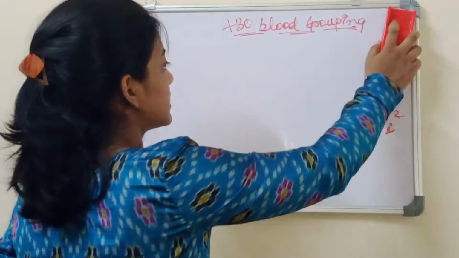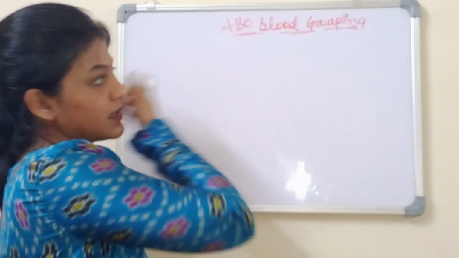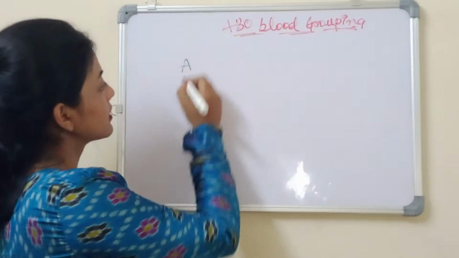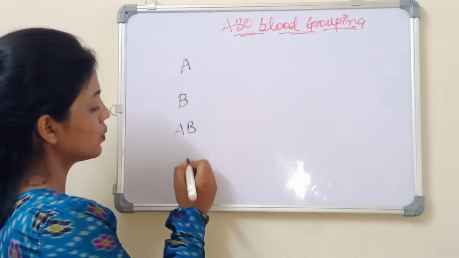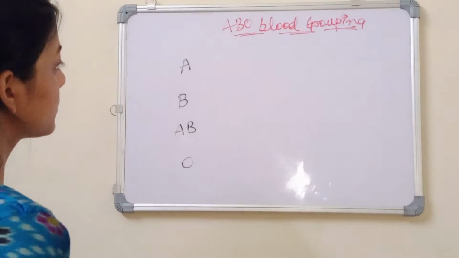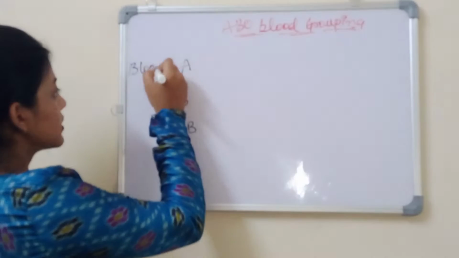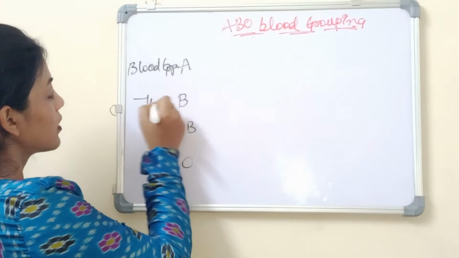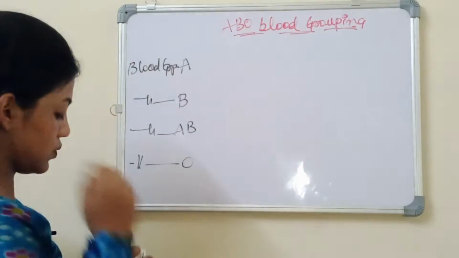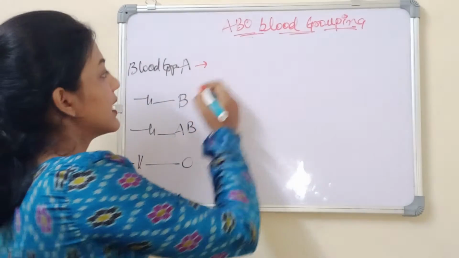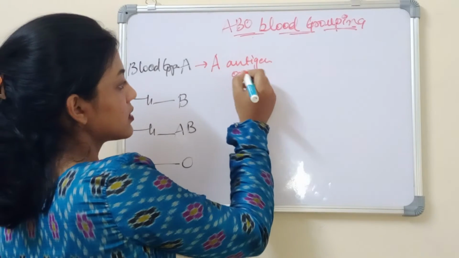Now let's see. Blood groups can be A, B, AB and O. Blood group A has A antigen on RBC, right?